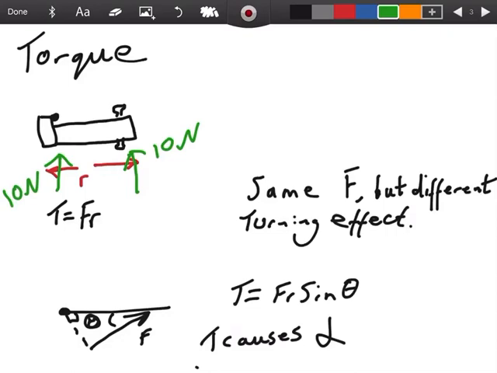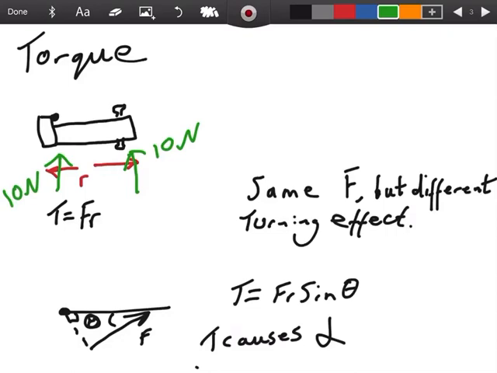So it's the same force, but it has a different turning effect. If you push it from the outside with 10 newtons, it will turn more than if it was pushed with 10 newtons closer to the centre of rotation. And that's what torque is. Torque is the turning effect that a force has on an object.